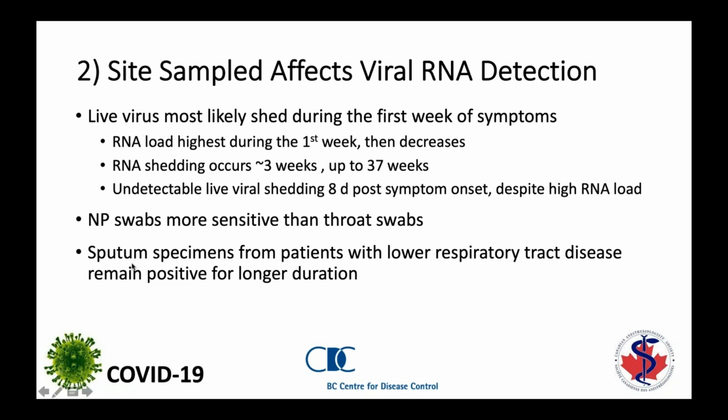The other piece that I think there's good evidence for, and that we're probably not utilizing nationally here, is the use of lower respiratory tract samples for diagnosis of patients who have a lower respiratory illness. And so we've had situations where an NP swab in a very sick person is negative, and the test is then deemed to be a poor test because it provides a negative result.